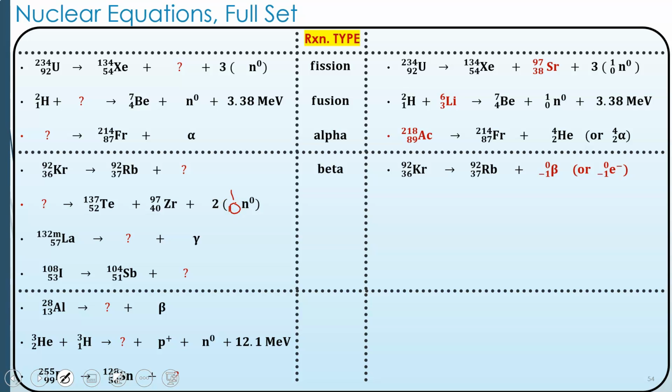Neutron is atomic number of 0, mass number of 1. So we know that the mass number of our unknown must be 137 plus 97 plus 2 times 1. Don't forget to multiply the 2. And when you add those numbers up, 137 plus 97 plus 2, you will get 236.